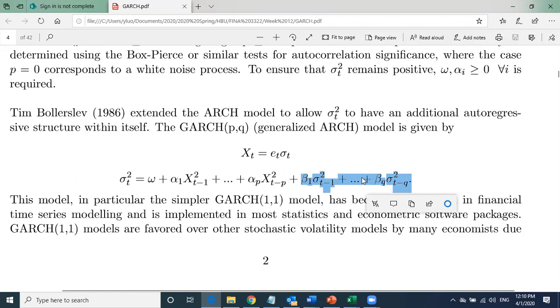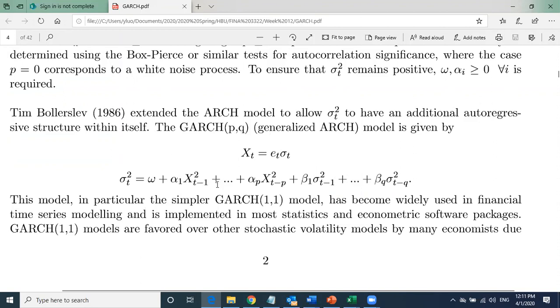The stock volatility is not only affected by the stock returns in the past, but is also associated with the stock's own volatility in the past. So that's the GARCH model, and it could have lags, like a p and a q.